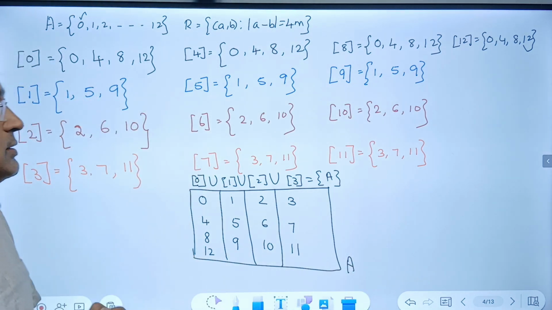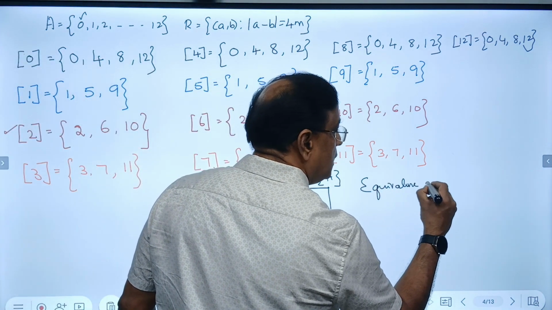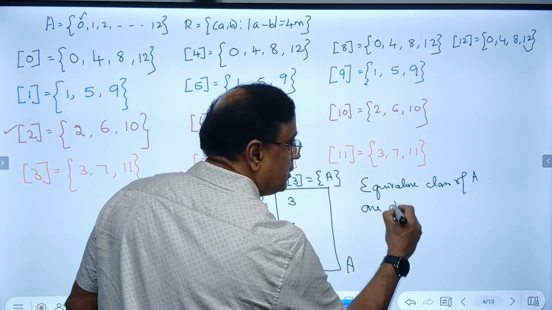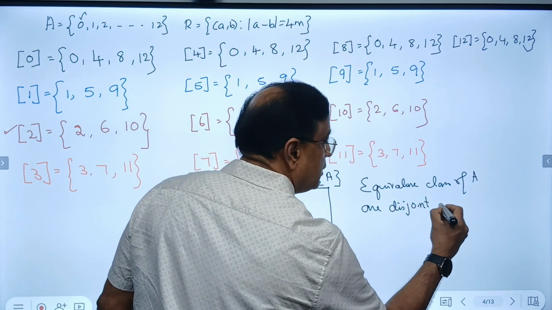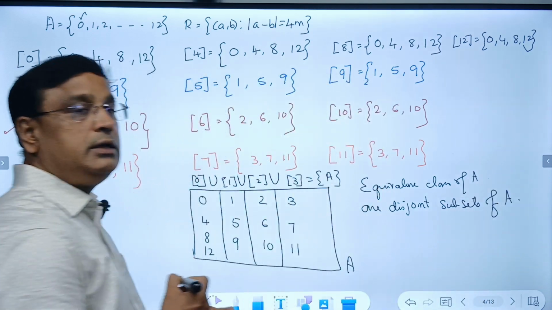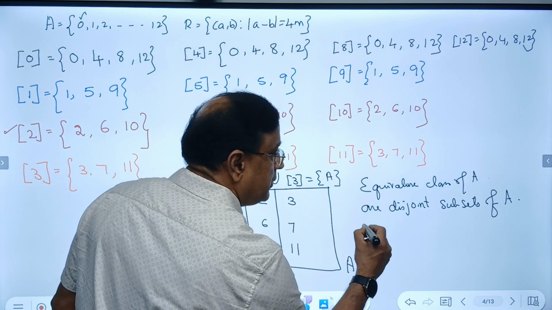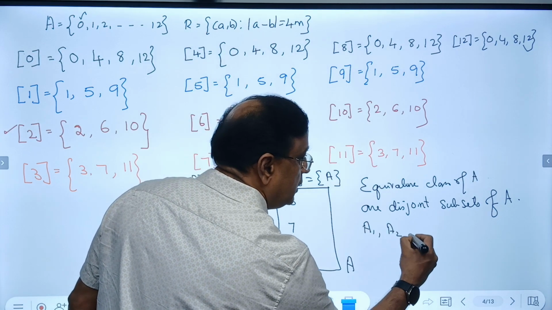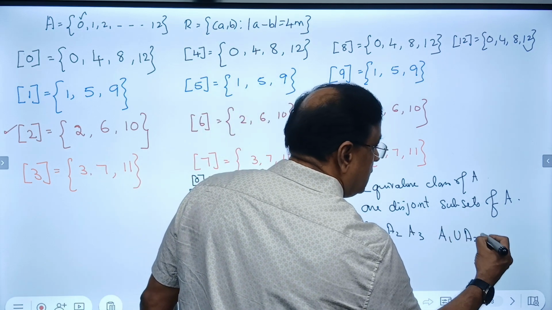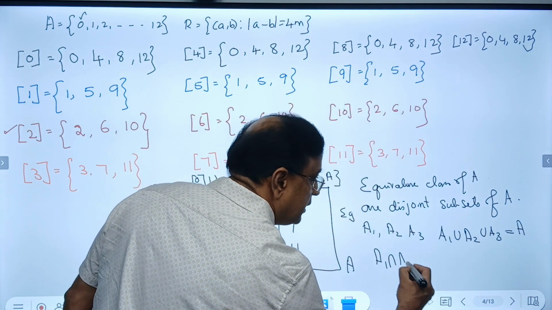So the equivalence classes of A are disjoint subsets of A. Say, for example, you can call them A1, A2, A3, where if I put them together, I'll get my set A, but they will not have anything in common.